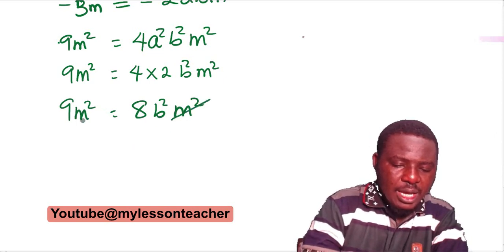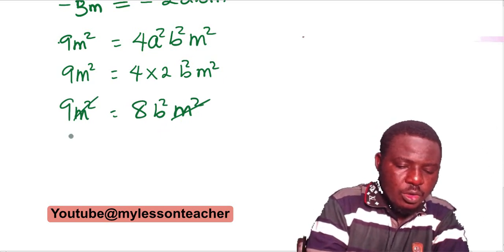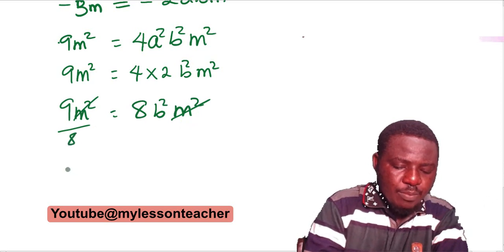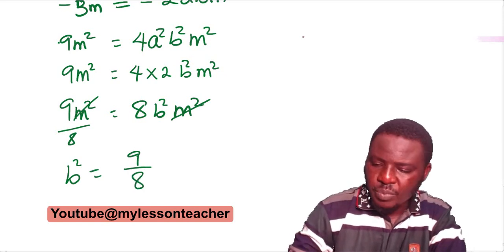Dividing both sides by 8m squared, you now have b squared to be equal to 9 over 8.